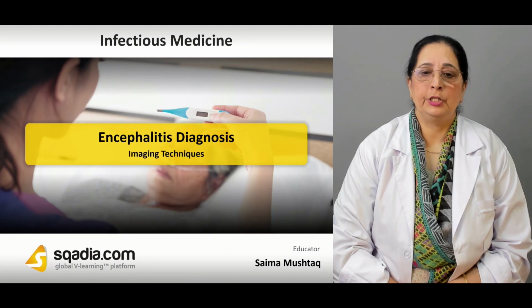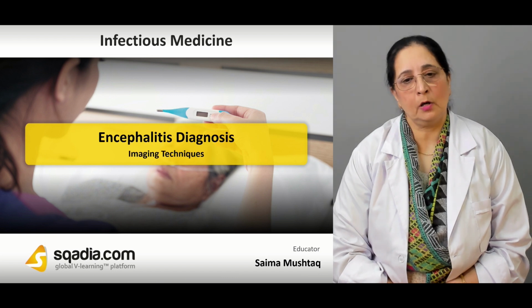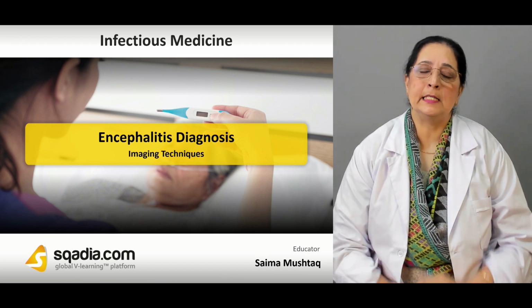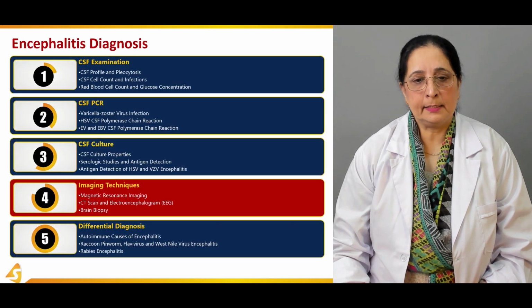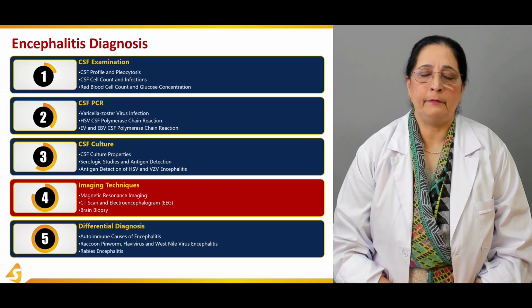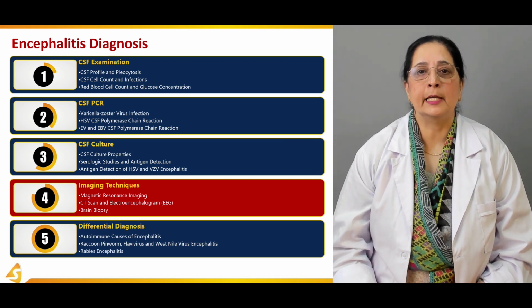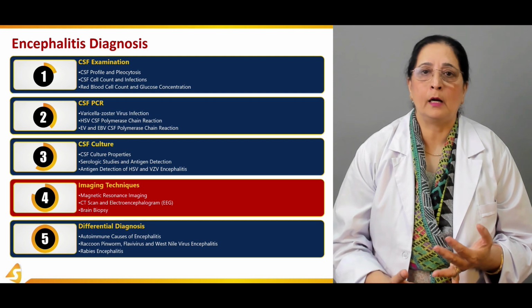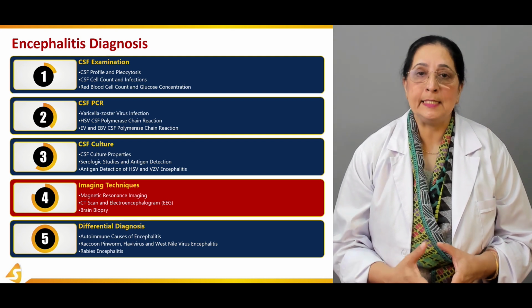In the fourth section of the encephalitis diagnosis, let's talk about some imaging techniques that will be helpful in the diagnosis. The imaging techniques we talk about are the MRI, magnetic resonance imaging, and the CT scan.